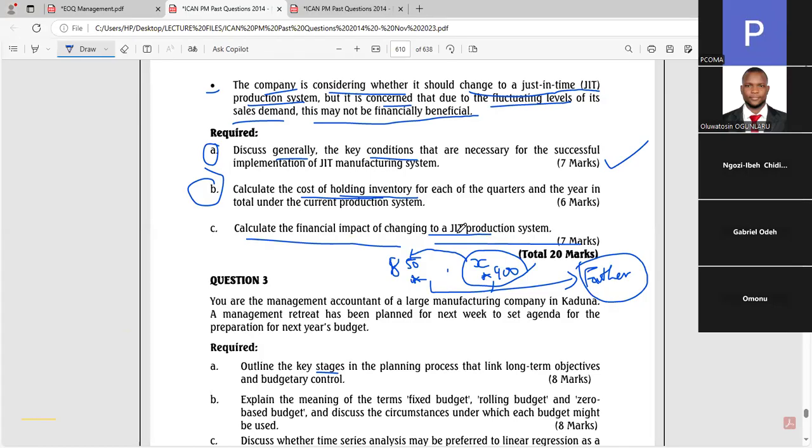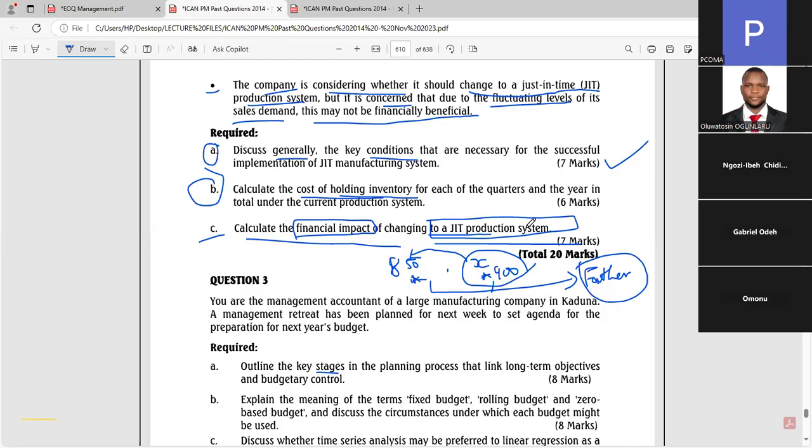So before you are able to show any financial impact, you must give 2 analyses. The first analysis is the former one. The second analysis is going to be the new one. So in this particular C, the new analysis is going to be what? Just-in-time production system. How can I calculate the financial impact of changing to just-in-time when I don't know where I am now?